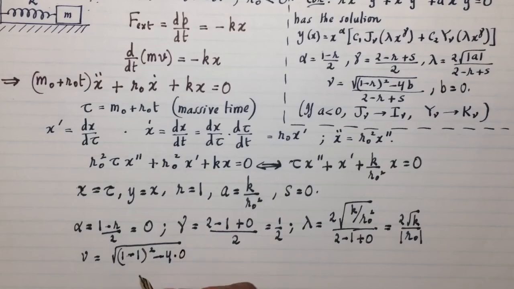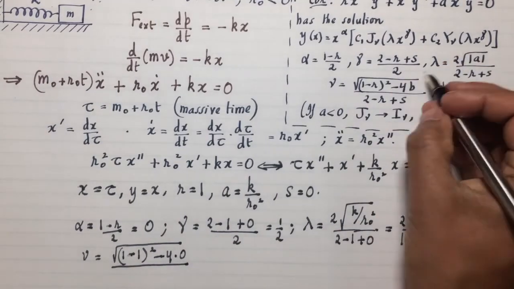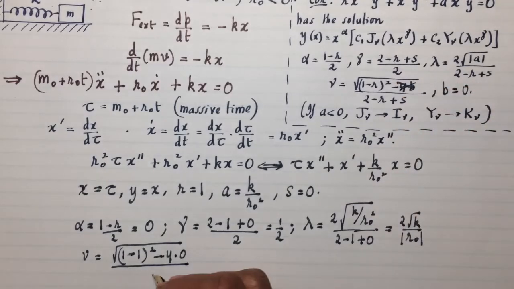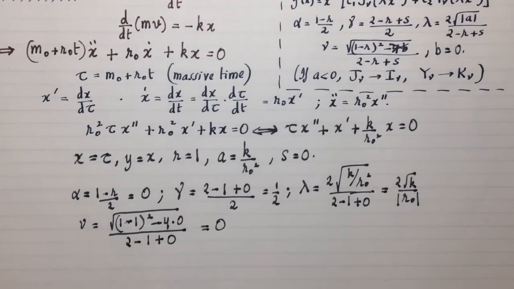So it's 4 times 0 divided by 2 minus r, which is 1, plus s, which is 0, so you don't even have b in this setup. That gives me nu equal to 0. And so that completes the solution to this problem.